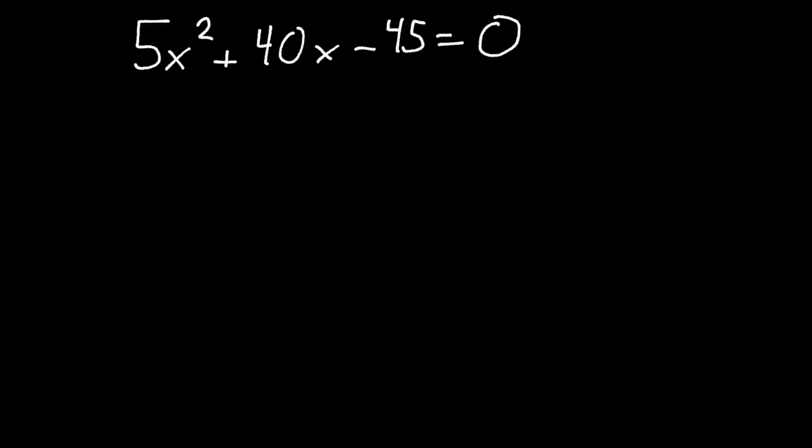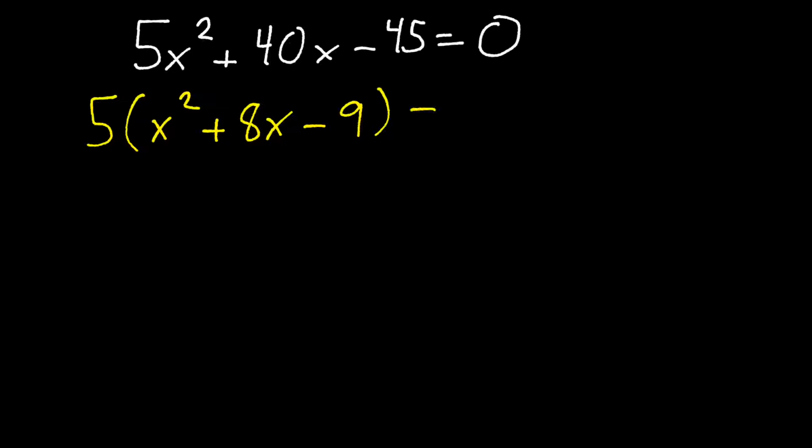So with that said, all three terms, A, B, and C, have a factor of 5 that I can pull out. So that's what I'm going to do. I've got 5 times the quantity x squared plus 8x minus 9 equals 0. So I have pulled a factor of 5 out of each term, and now I have my original rules being met.